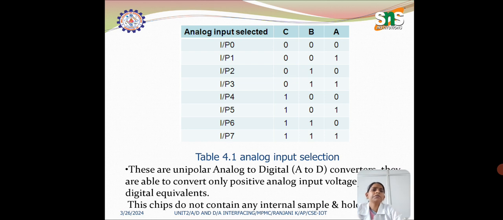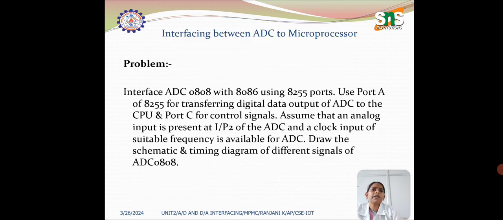Next is interfacing an ADC to a microprocessor. Interface an ADC 0808 with 8086 using 8255 ports. Use port A of the 8255 for transferring the digital data output of the ADC to the CPU, and port C for the control signals.